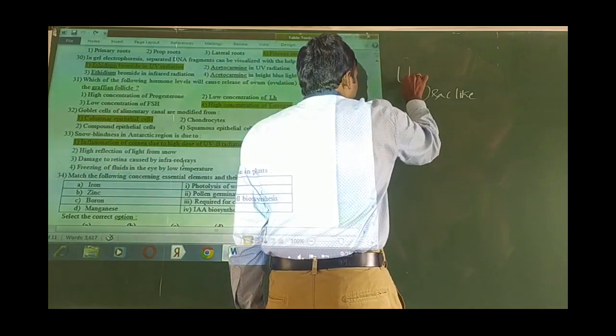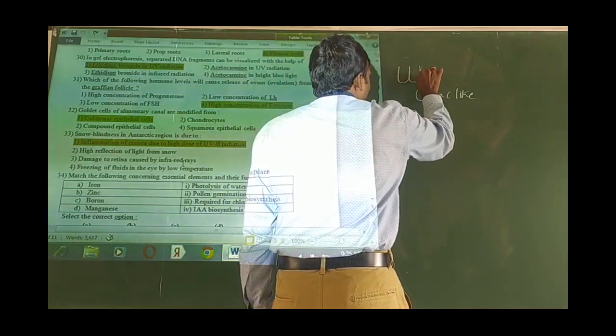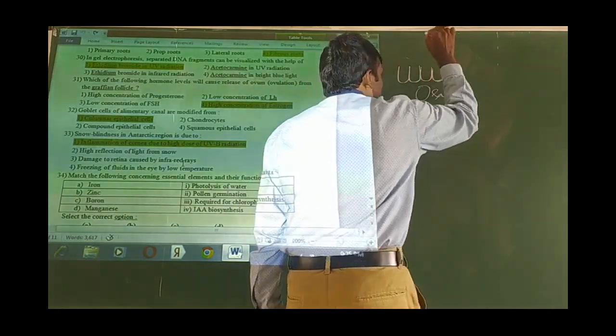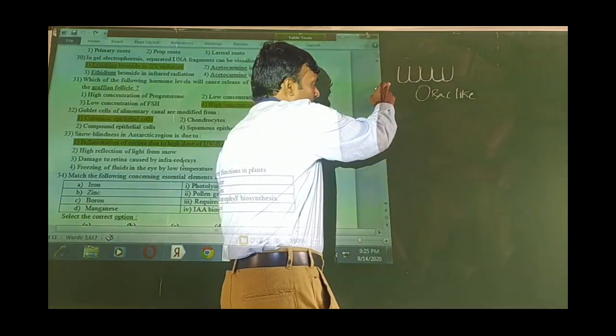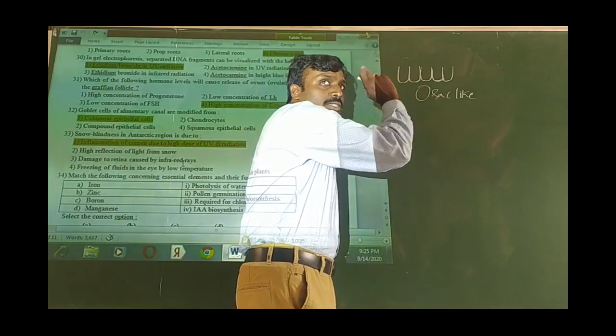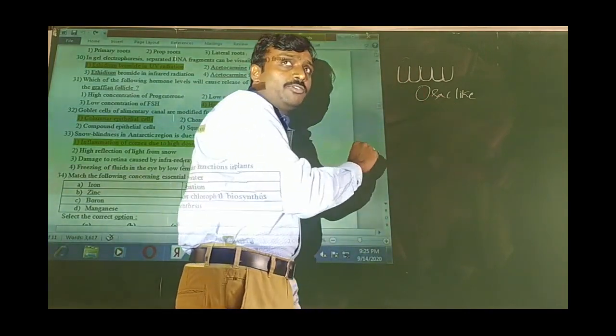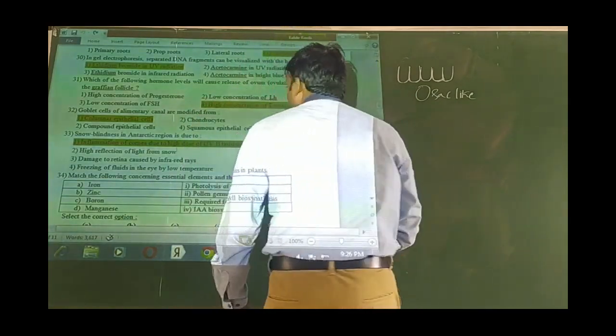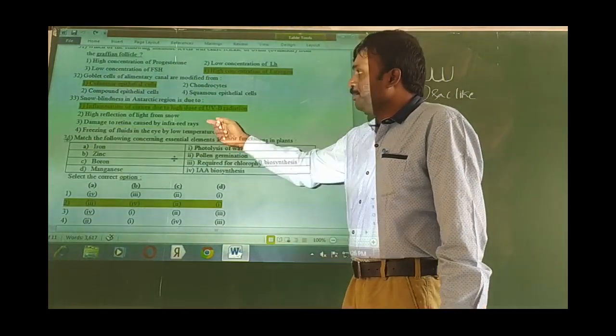Columnar epithelium is like this: there is the epithelial region, the outermost region, and the cells look like this. These columnar epithelial cells are modified into sac-like structures in the regions of the alimentary canal. Very direct question. Then moving on to the next question.